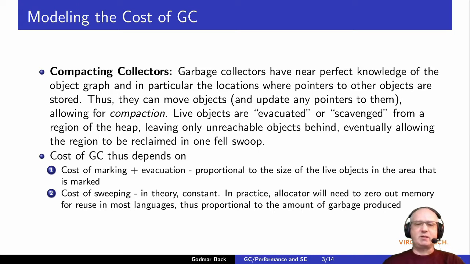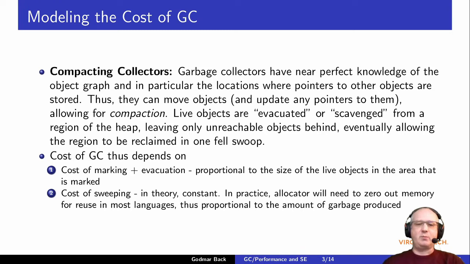Now, given this fact, how can we model the cost of garbage collection? Well, first, there's the cost of marking itself. And in the case of compacting collectors, any object that is marked is reachable, and therefore it may have to be evacuated or copied. This cost is proportional to the size of the live objects in the area that is being marked.